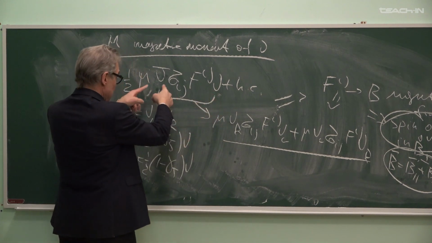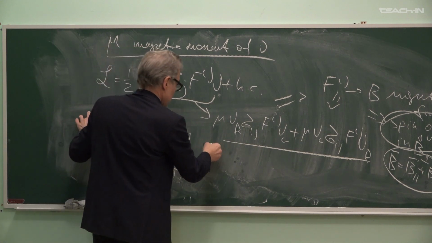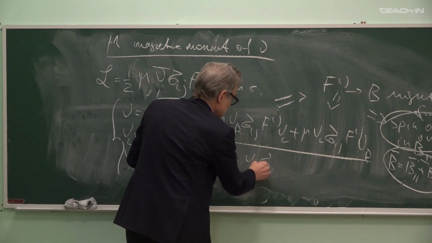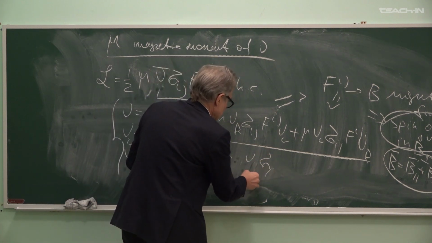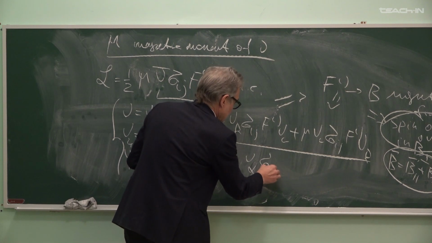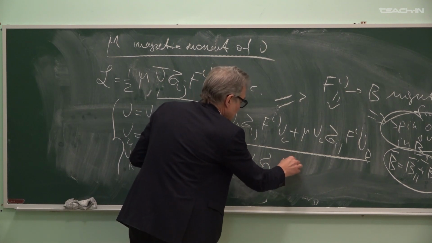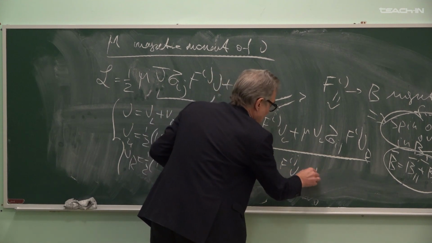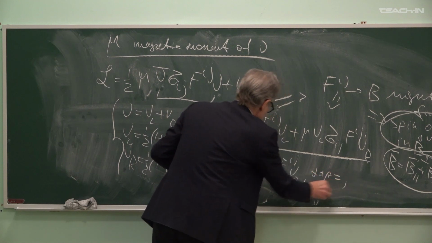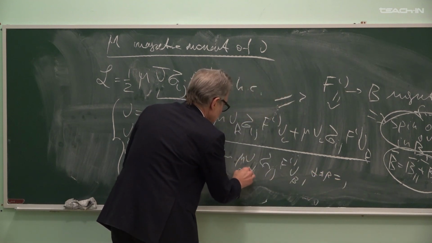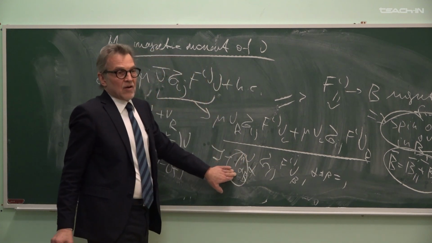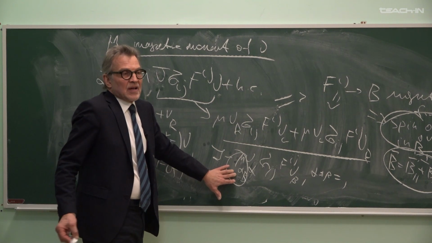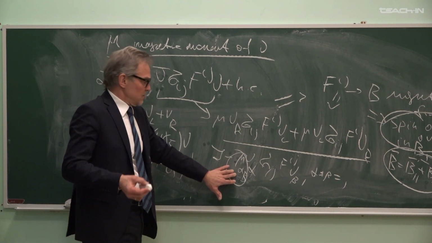But it can be a neutrino of type alpha, sigma_ij F_ij, and here a neutrino of type beta, where alpha is not equal to beta. Then the coefficients here should be mu_alpha beta, and this is called an off-diagonal magnetic moment, or transition magnetic moment.